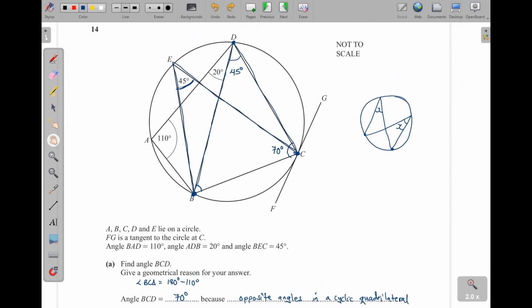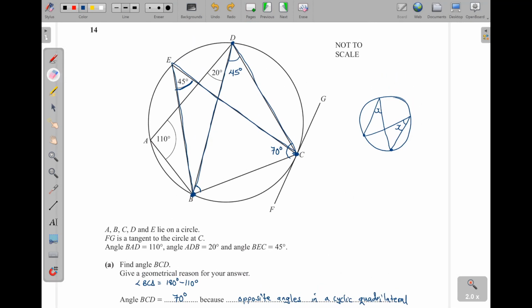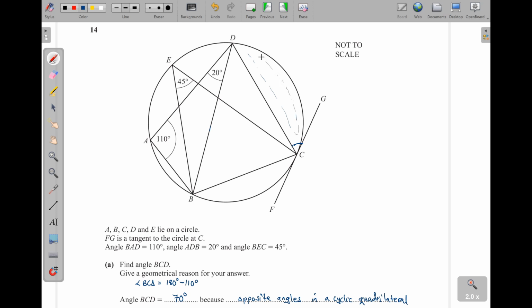Let's check here. DCG, allow me first clean up everything here. Angle DCG. D is here, C is here. Angle DCG, this one here. If I recognize the segment within which this one is, then I can see that with this tangent, there is this point C, then point D here, and point B. They form a triangle.